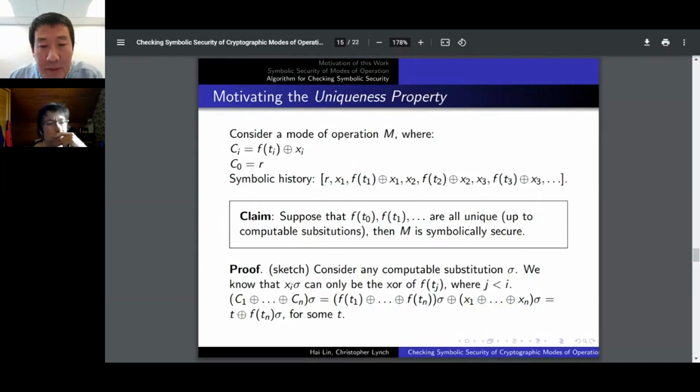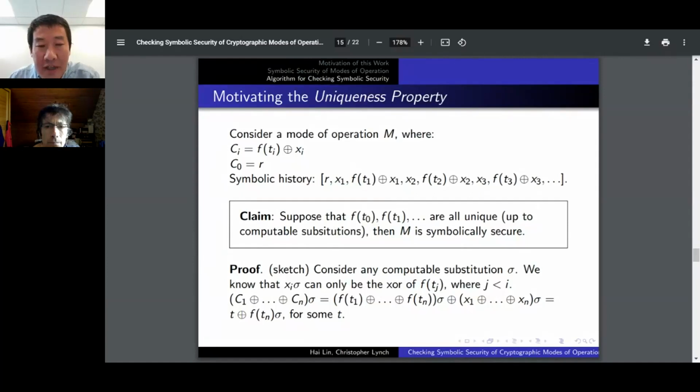So we can group all the F-rooted summands together, and we can group all of the variables together. Because we applied this substitution sigma, some terms may be unifiable and go away. But the claim is f of Tn, which is the last F-rooted summand, cannot go away.